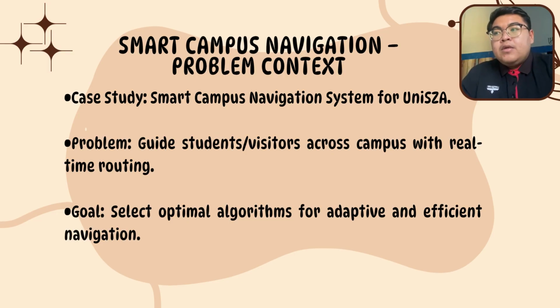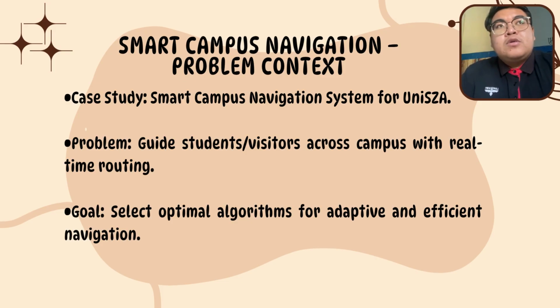076579. And today I'm going to talk about the problem context in Smart Campus Navigation. For our case study, the Smart Campus Navigation System for UNIZA, the problem is guiding students and visitors across campus with real-time routing, giving them the optimal path, the shortest path to go.